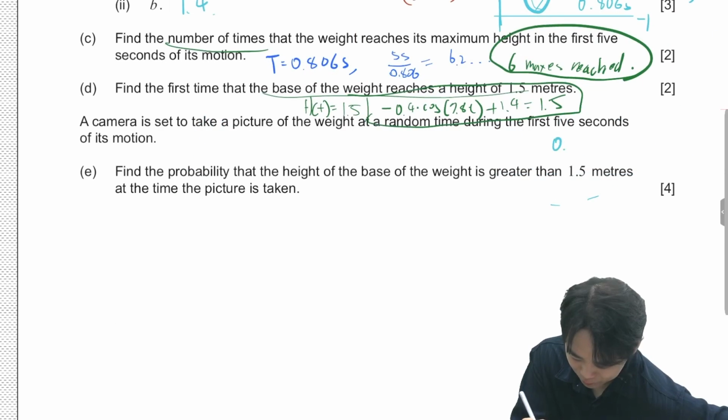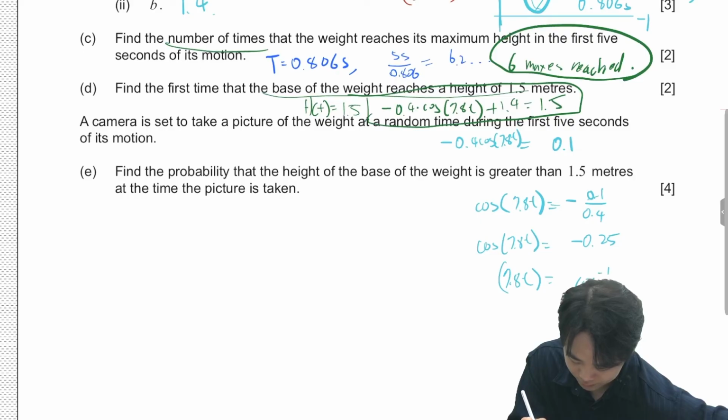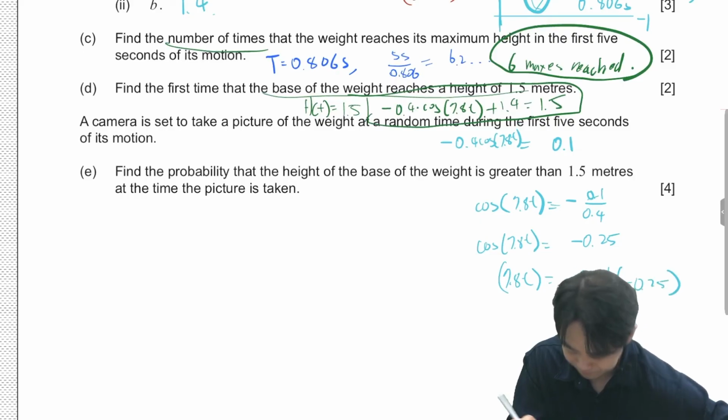So you get 0.1 equals negative 0.4 cosine of 7.8t. Then cosine of 7.8t is negative 0.1 over 0.4, which is negative 0.25. So 7.8t is cosine inverse of negative 0.25.